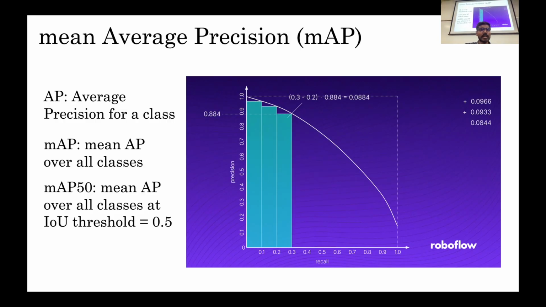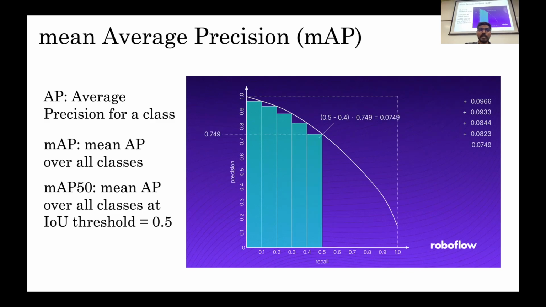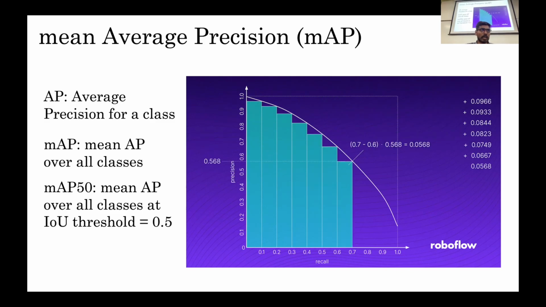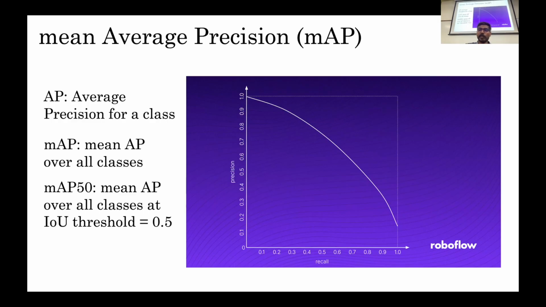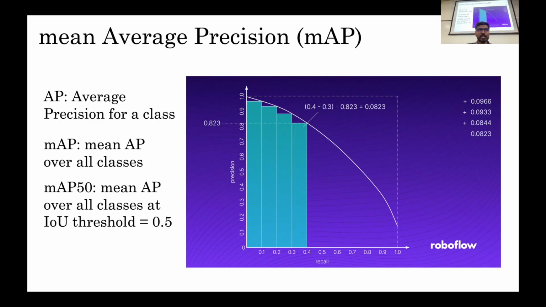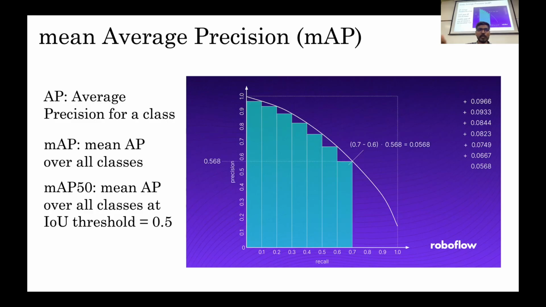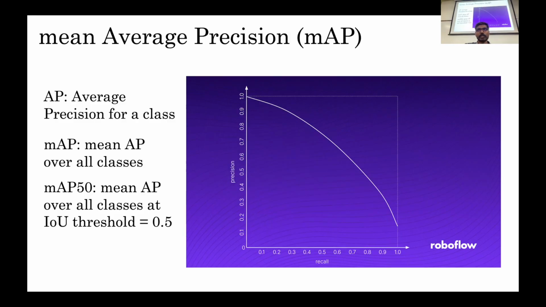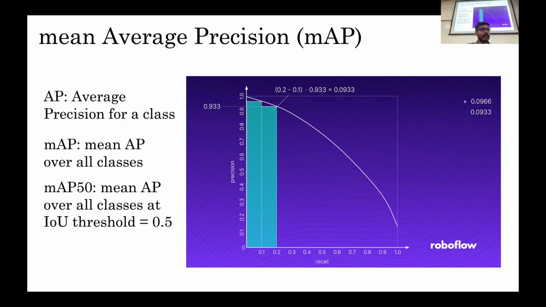That becomes your average precision. When you take the mean of AP over all classes, that becomes mAP. When you compute this at a particular IOU threshold, that's where people use terminologies like mAP 50 and mAP 50-95. When we say mAP 50-95, it means the average over IOU thresholds 50, 55, 60, like that, till 95. That way you get the mAP 50-95.